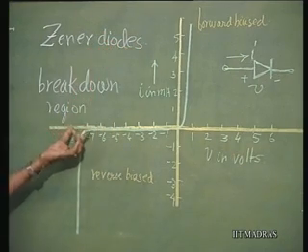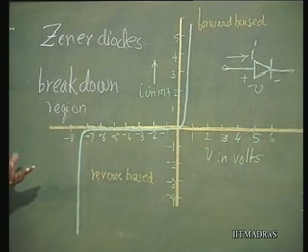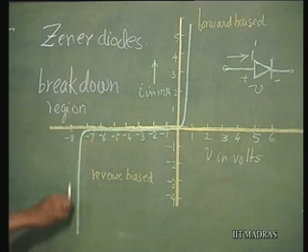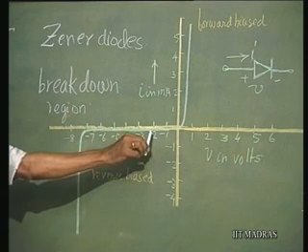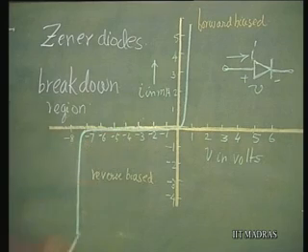Zener diodes are used where we are interested in working in this region of breakdown. This is a reversible phenomenon: when the current is reduced, the diode will again come back to its off state, where the current is maintained at very nearly 0 value.